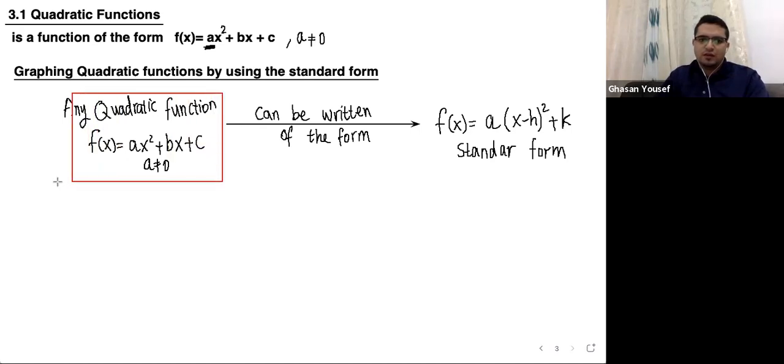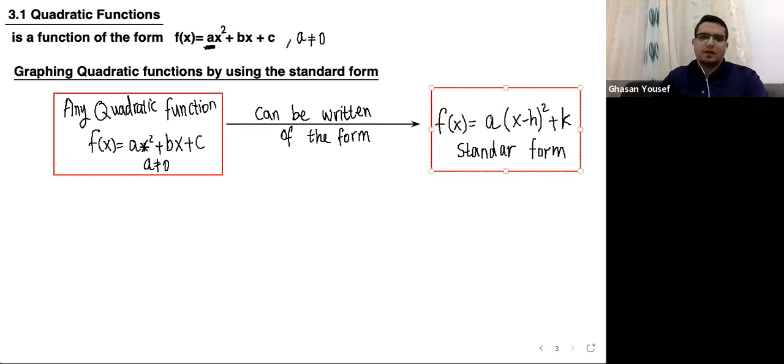Today we're going to learn how we can change the quadratic function ax squared plus bx plus c to this form, then we're going to learn how we can graph the function.